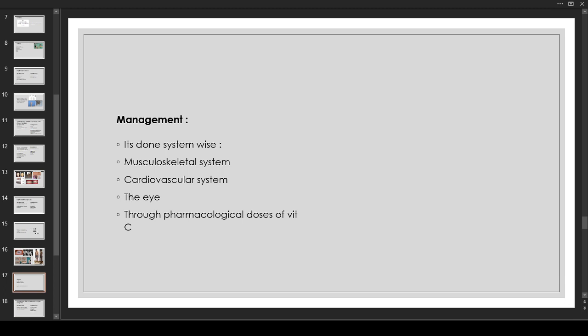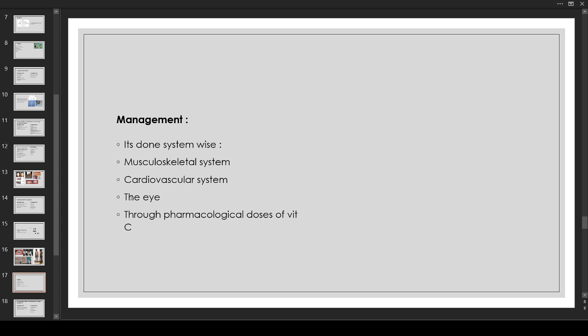And unfortunately, really very unfortunately, there is no way to deal with this kind of abnormality, specifically any bone abnormality, other than surgery. And the management in this case is done system-wise. In the musculoskeletal system, it is followed up regularly by an orthopedic surgeon for managing the scoliosis or kyphosis, and he may need bracing or require surgical intervention at times.